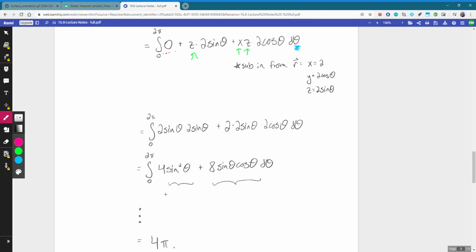Well, we've got our double angle formula, right? At least the sine squared, that equals 1/2 times 1 minus cosine of 2 theta. So we can make that swap. We'd have still a 4 times out front. What about over here on the right? What could we use to integrate that?